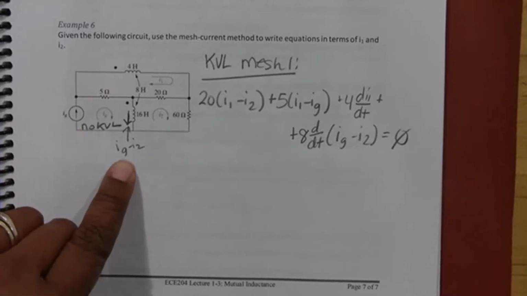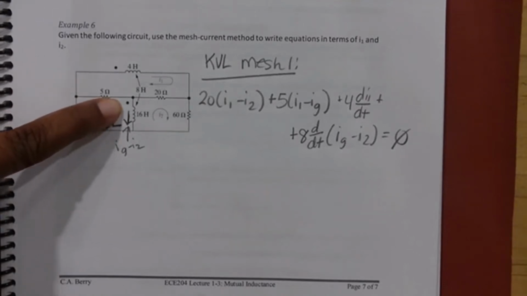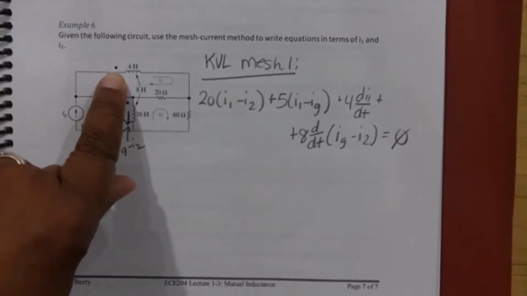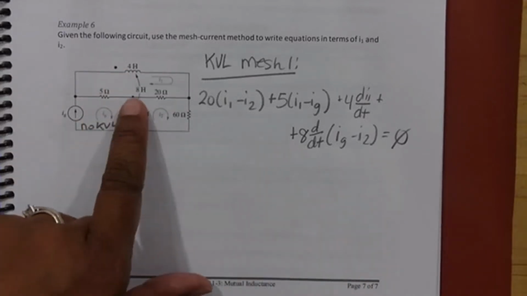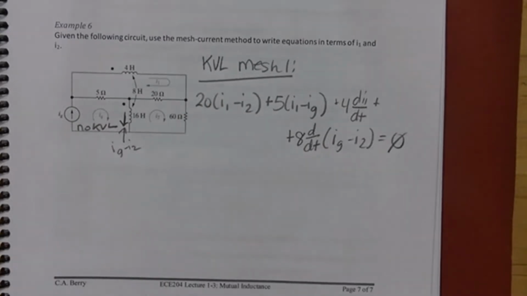So if I choose to use IG minus I2, the current enters that dot, which means the voltage should be positive at the 4 Henry. So it becomes positive 8, the mutual inductance, the derivative of IG minus I2. Everybody see that? Mathematically, if you choose the other direction, you'll still get the right answer. It's algebraically the same thing.